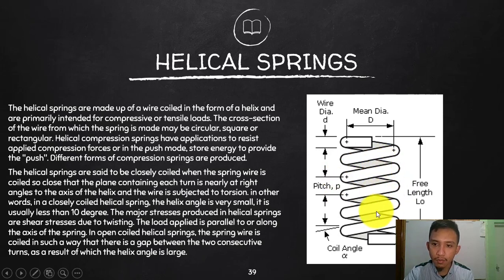And once that is released, that's the time you will have this pitch, because of the expansion of the material. We can simplify the analysis by considering that the angle here is very, very small. Therefore, that could be considered as a circle. If I consider one circular part, that is a plane circle. So that is to simplify the analysis of your helical spring.